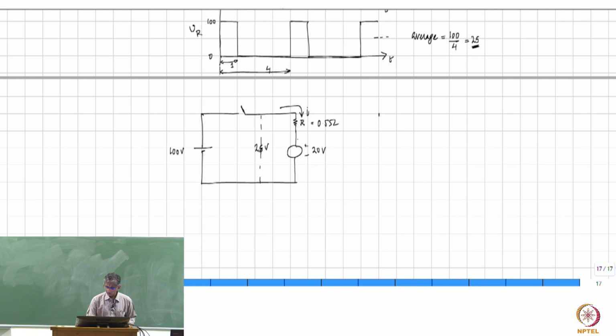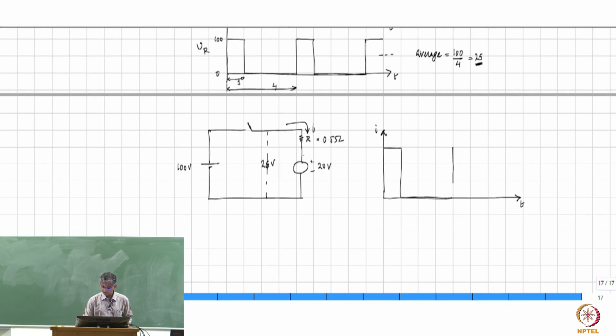So if I want to draw the waveform of I, how will it look like? Same as the voltage waveform. It will look like this. And what will be this amplitude? 100 minus 20 is 80, divided by 0.5 is 160 ampere. This will be the waveform of I.